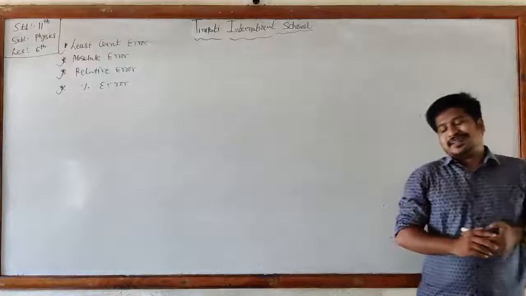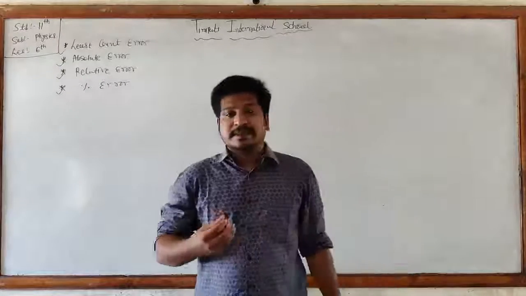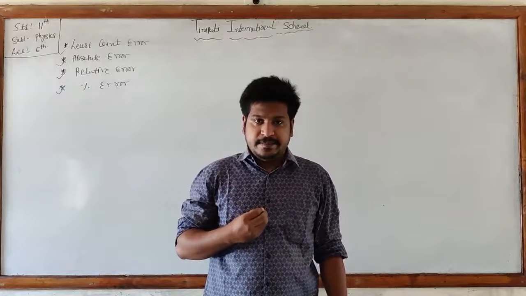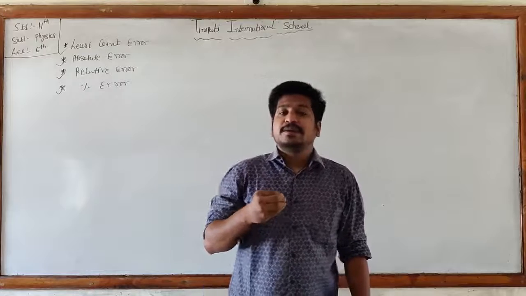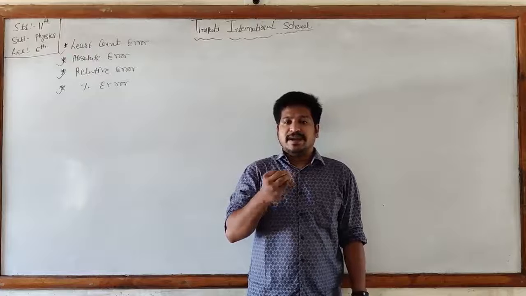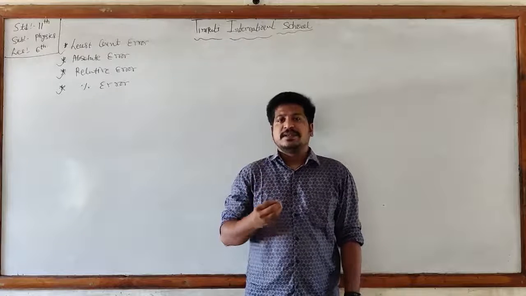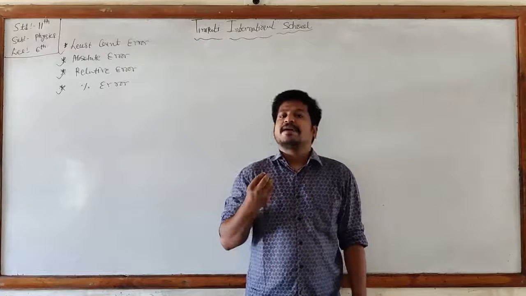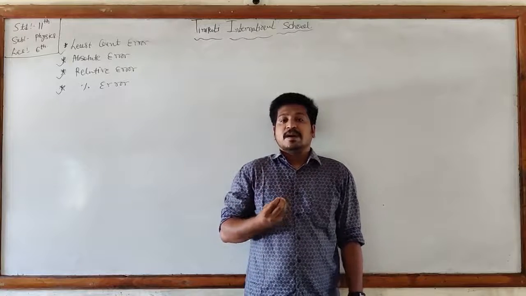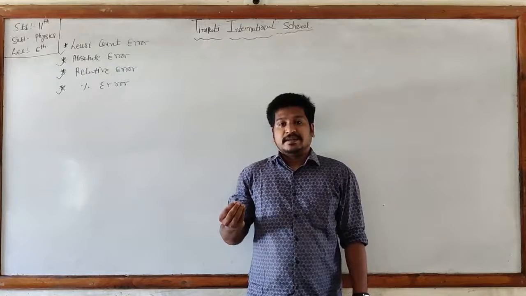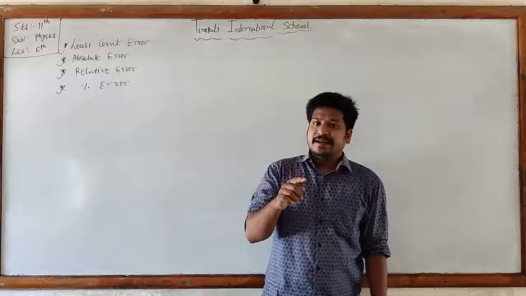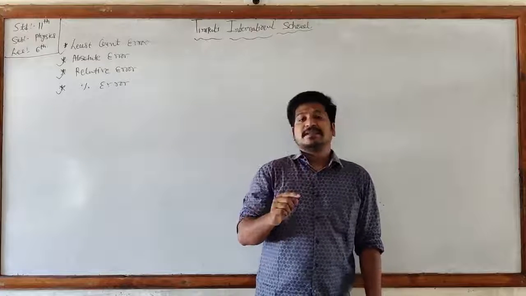I told you in the last lecture, least count means if you are measuring any physical quantity, for that you are using some measurement instrument. Suppose you find a length and you are using a scale, vernier caliper or micrometer screw gauge. So least count means the minimum measurement your instrument can measure.